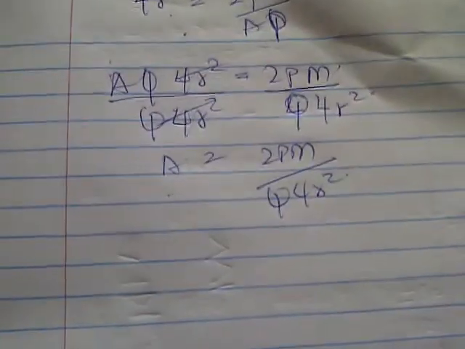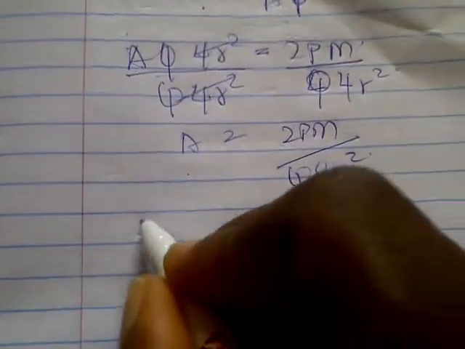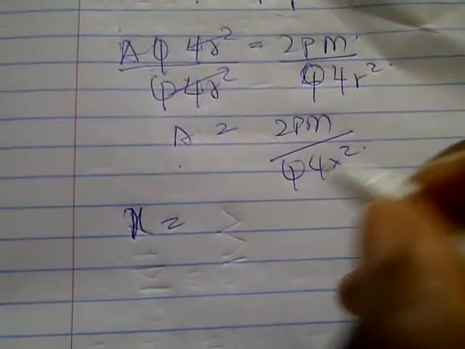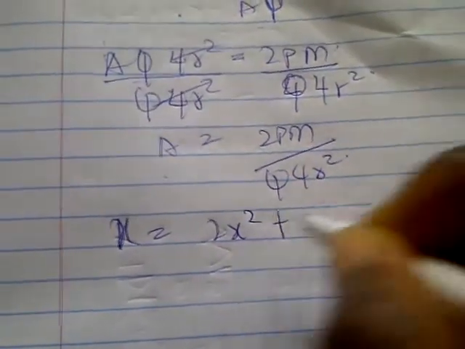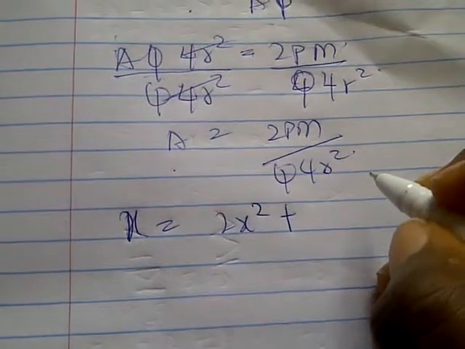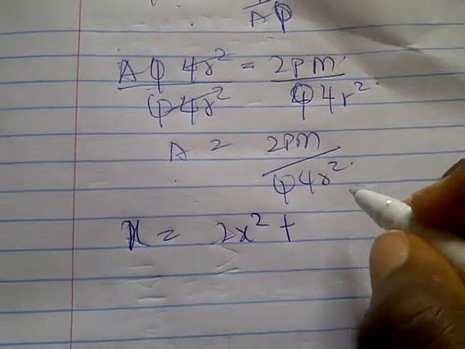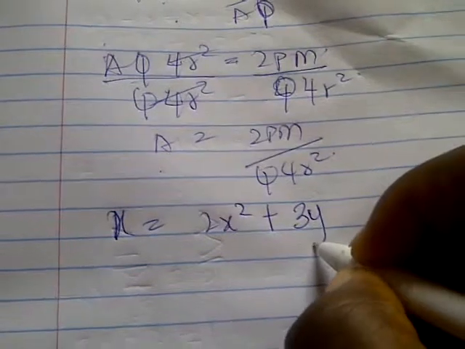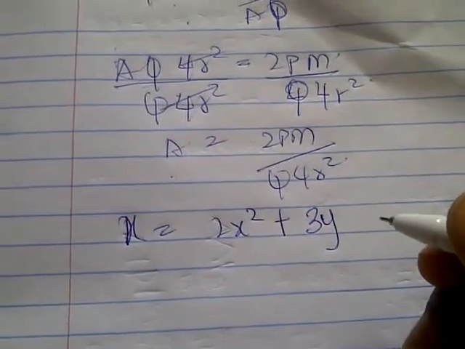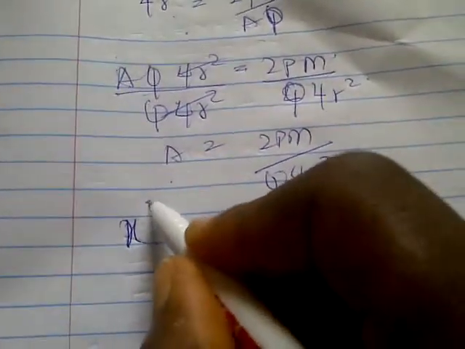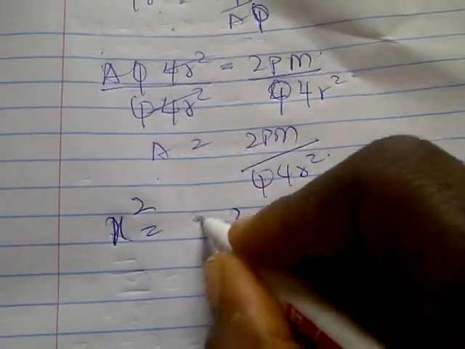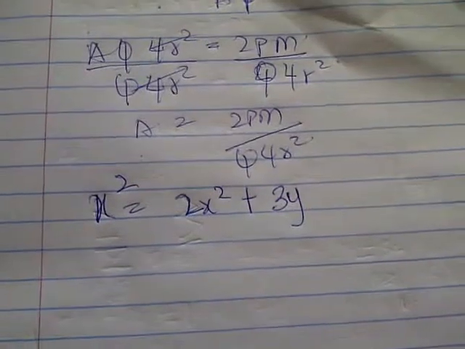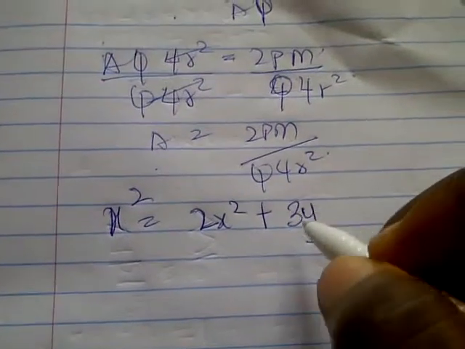Now if we have something like this, x squared equal to 2x squared plus 3y, I'm actually trying to formulate some questions.